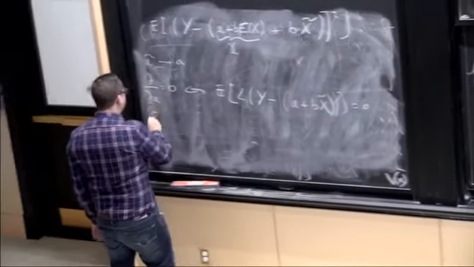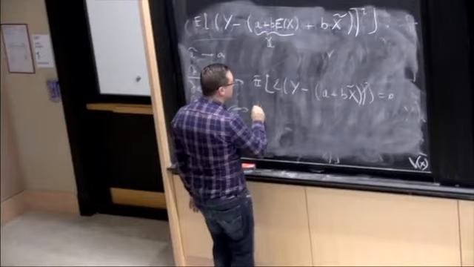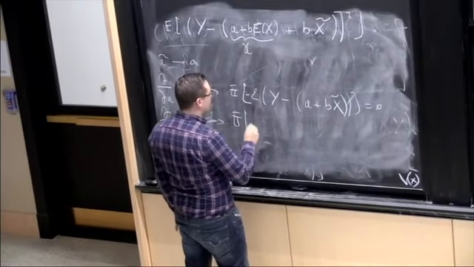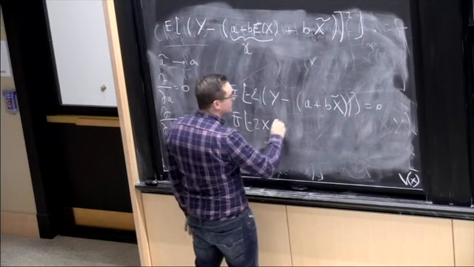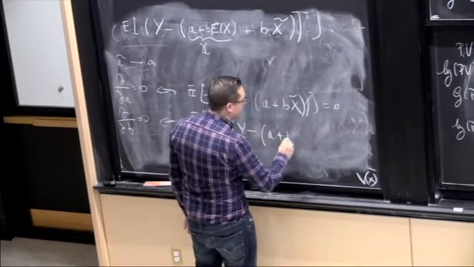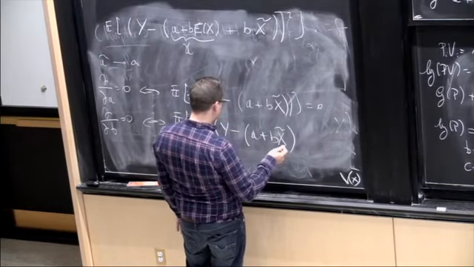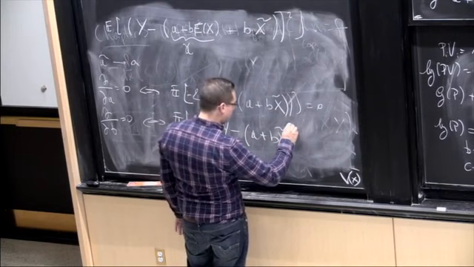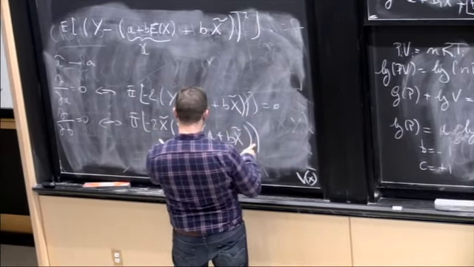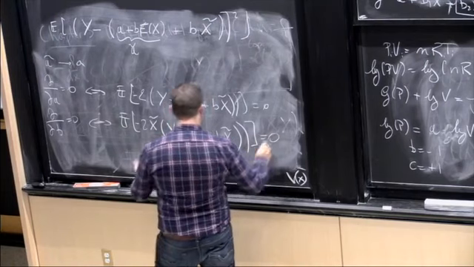And then I also have that the derivative with respect to b is equal to 0, which is equivalent to the expectation of, well, I have a negative sign somewhere, so let me put it here, minus 2 x tilde (y minus (a plus b x tilde)). OK, see, that's why I don't want to put too many parentheses.